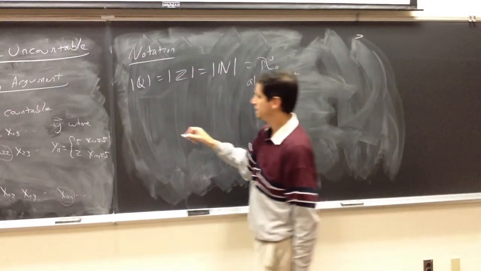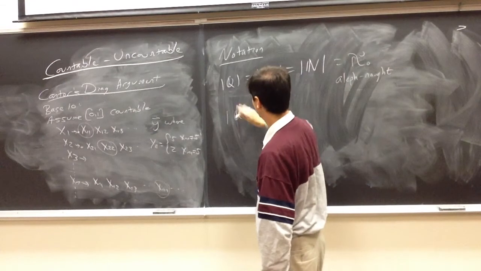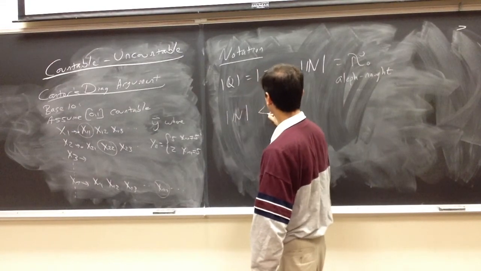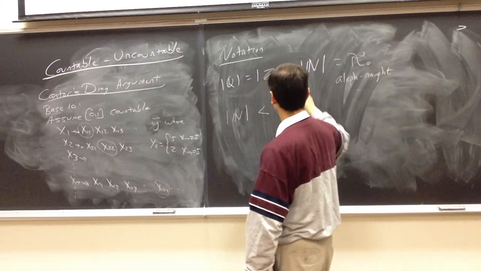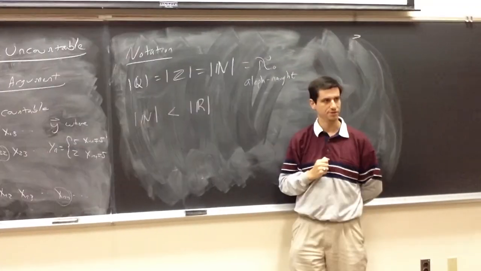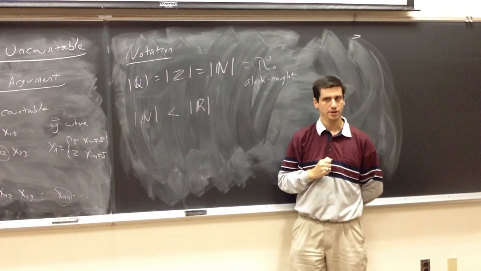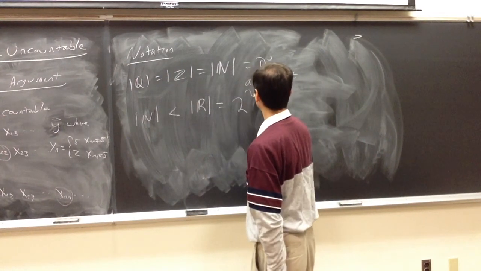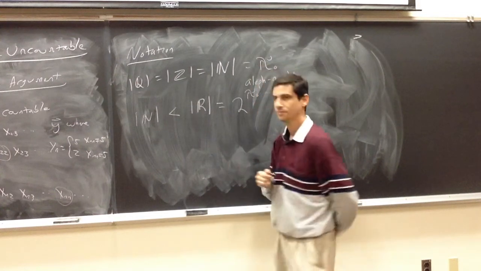We know that the size of the rationals, or the size of the natural numbers, is strictly smaller than the size of the reals. That's what Cantor just proved. It turns out that the size of the reals is 2 raised to the aleph naught.